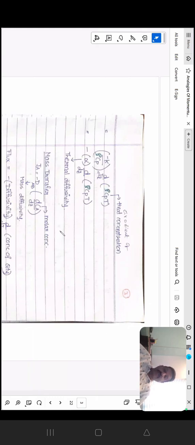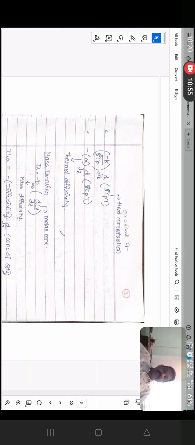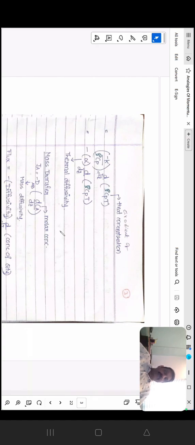So this is how it looks. Flux is equal to diffusivity of a quantity, the constant of proportionality, which for heat transfer is thermal diffusivity, multiplied by the concentration gradient. Here the concentration is heat energy; there, momentum is the concentration. So this is the gradient of heat concentration.